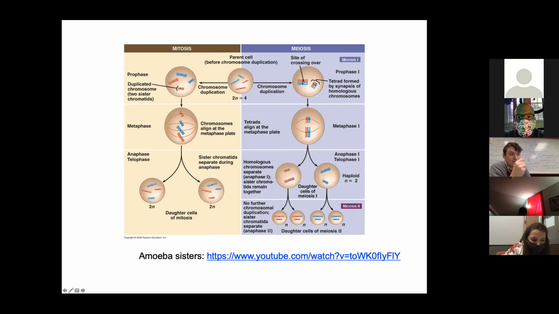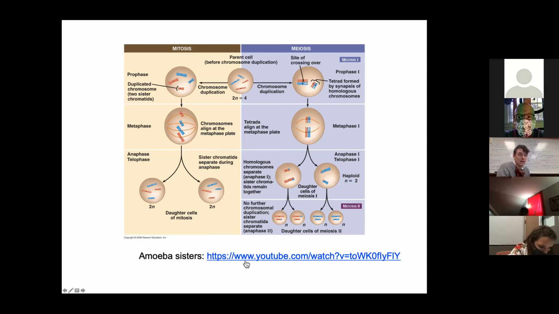So it's in meiosis 2 where you really see Mendel's law of segregation, where each gamete gets one copy of a gene, not both. But it's in meiosis 1 where you get the law of independent assortment, where the tetrads shuffle up.